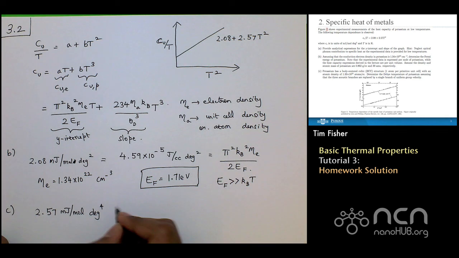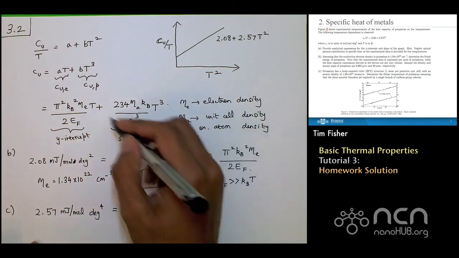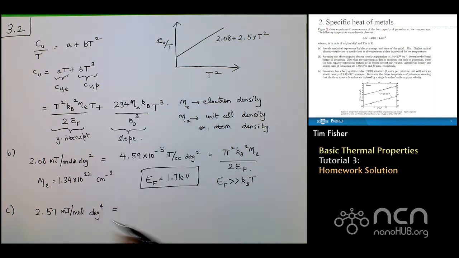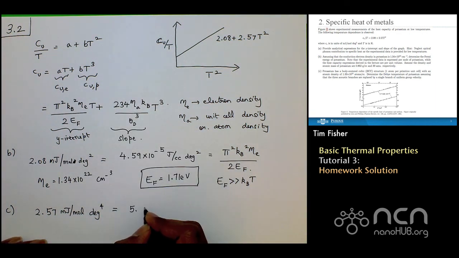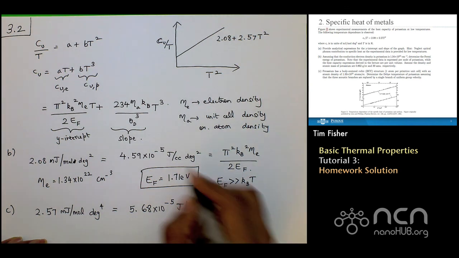Now again we need to convert this to volumetric units, because these expressions are again for volumetric specific heat. So doing that units conversion, this is equal to 5.68 × 10^-5 joule per cc per degree to the fourth, and this is equal to the expression given here.